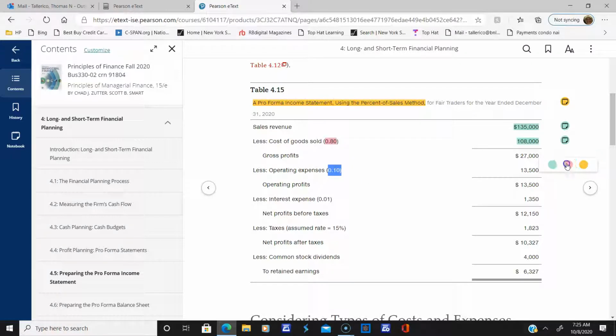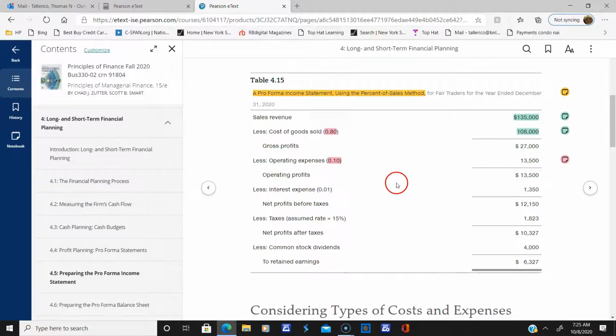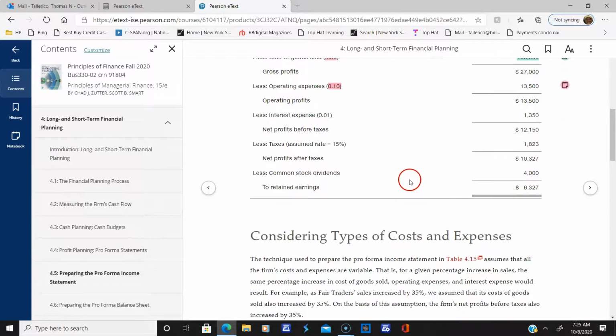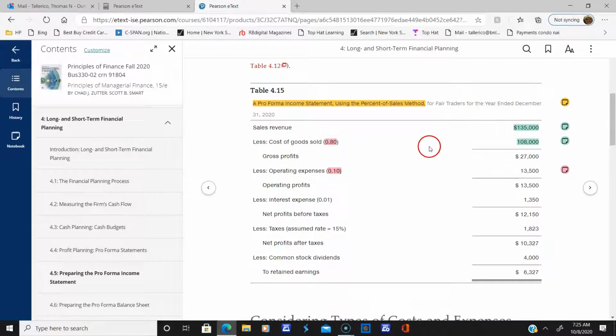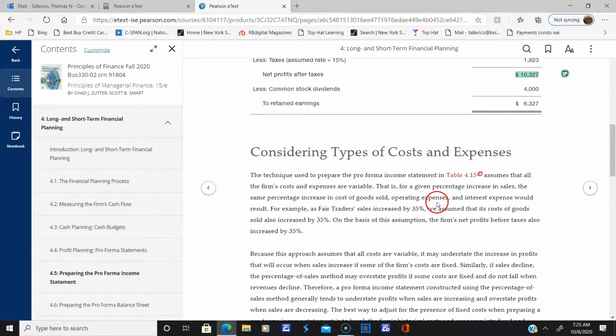Right, and you just plug away on those forecasted numbers, and the tax rate doesn't change, I believe, right? I believe they can consider that, and you come up with your whole new pro forma income statement, and here's your net profit after taxes, okay? And again, this is pro forma on what you believe it's going to be. All right.